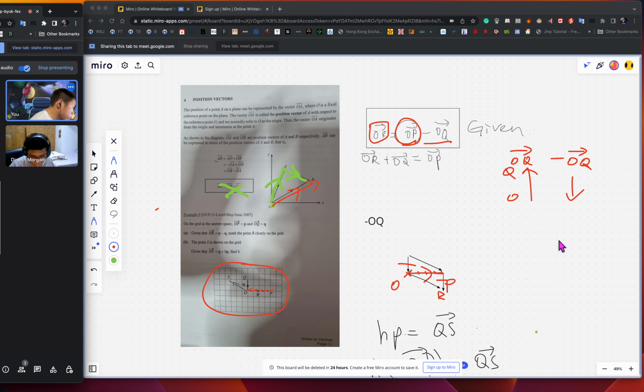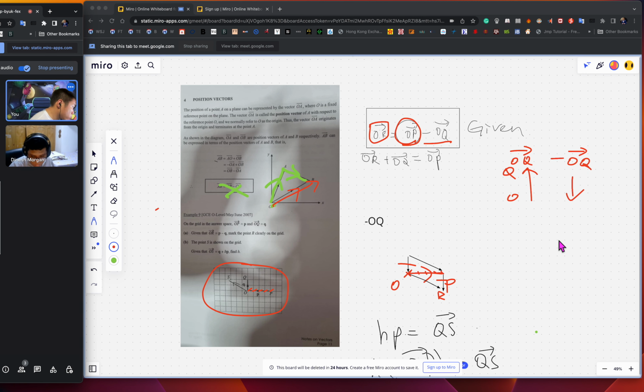Let me see. What do you mean by HP equals to? Oh, okay. How do you get QS in the first place? Because the triangle is like this, right? Like this. So this is OS. So OS is equal to OQ plus this, and this is QS.